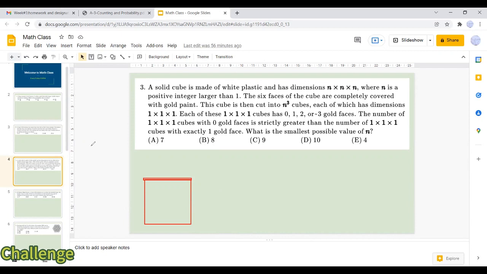If you look, it says the faces are covered with gold paint. Some cubes have zero paint on them, some cubes have 1 face with paint, two faces with paint, or 3 faces that have paint on them.